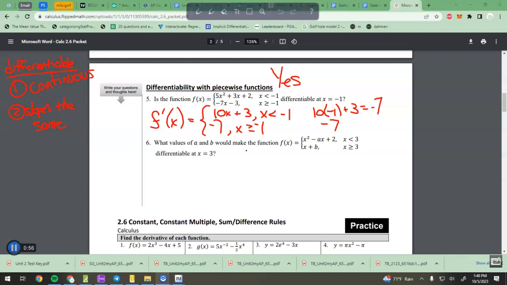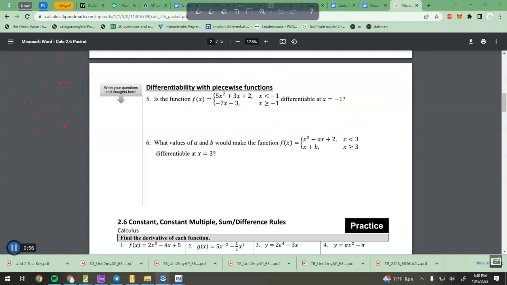Right now, if it says differentiable, you just take the derivative of both pieces, plug in the x value, and see if you get the same slope or not.